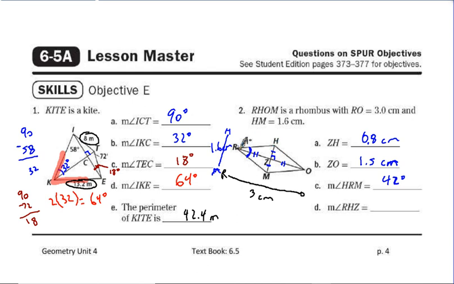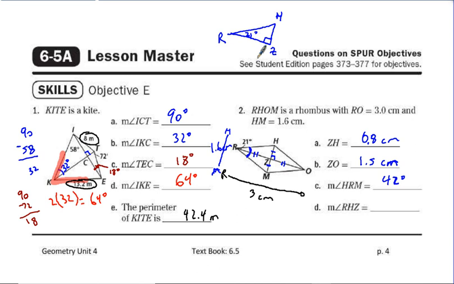So we're going to take the fact that the measure of angle HRZ is 21 degrees, and I'll redraw the triangle for us to see. Z we know is 90. H we're trying to find, and R they told us was 21 degrees.